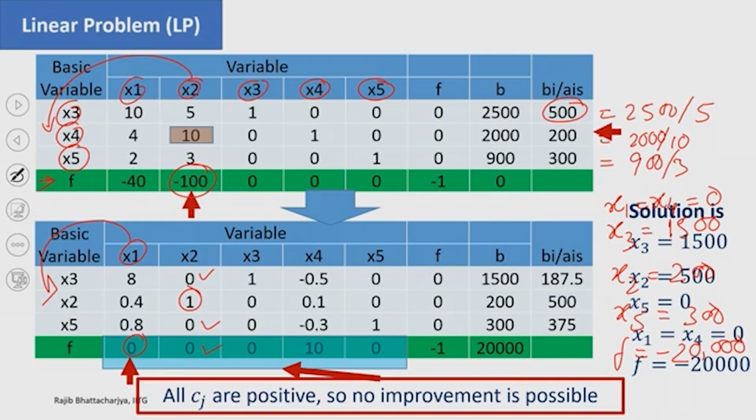Objective function value will not change because the coefficient is 0, but let us do that. So, if I consider this particular column, here I would like to make x1 a basic variable, and if I take the ratio, this is 187.5 now, and that is the minimum one, and therefore, this will be the pivoting element. So, that means x3 will now be replaced by x1.